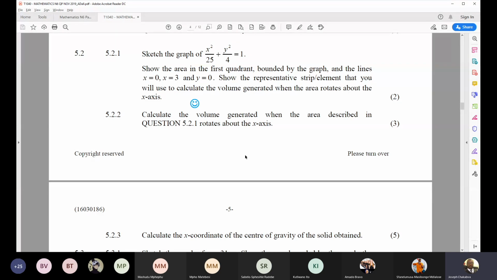So if you look at 5.2, sketch the graph.